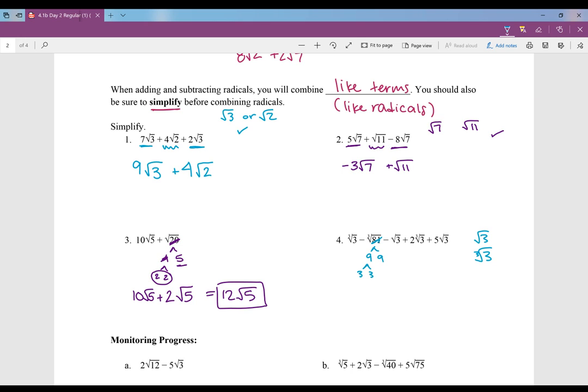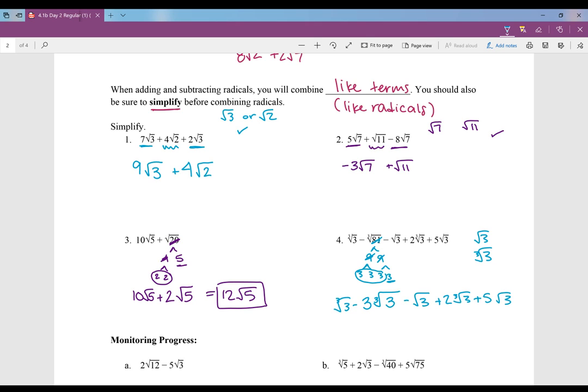And then to get 9, 3 times 3. Okay, and since we're doing a cubed root, that means we're looking for groups of 3. So we have one group of 3 3's to pull on the outside. And then 1 3 is going to stay underneath. So let's fill in the rest of these. 2 cubed root of 3.